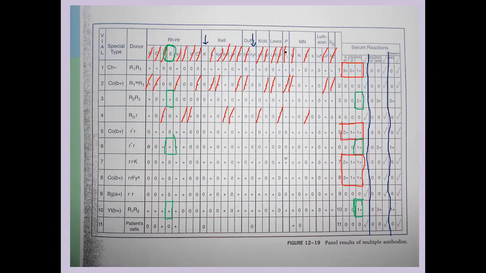Okay, and then we move on to big N. All right. So positive, positive, negative, negative, negative. Okay, remember we have two antibodies.